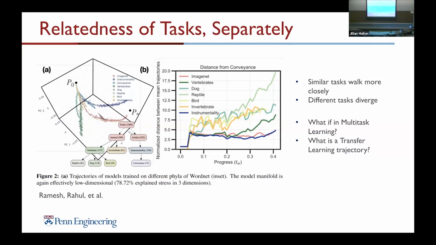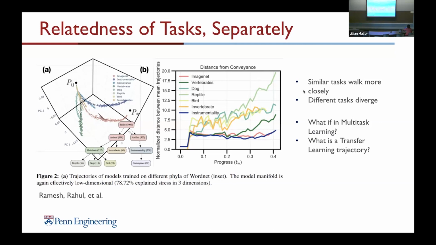From the plots, we can observe that similar tasks move more closely throughout training, while different tasks diverge. Plot B is a quantitative metric to measure the distance based on the convergence, and we can see some different tasks diverge throughout training.